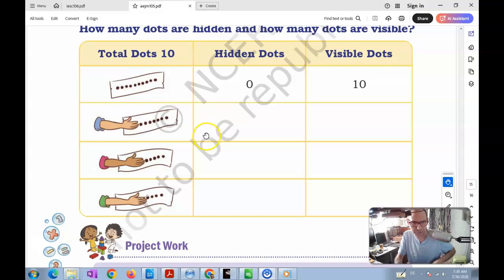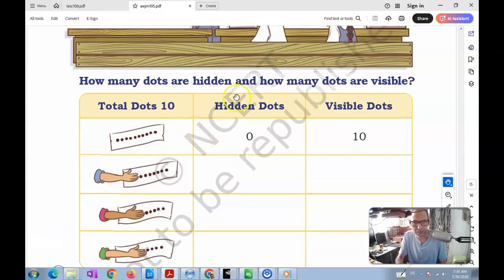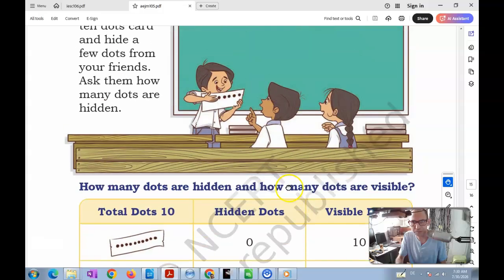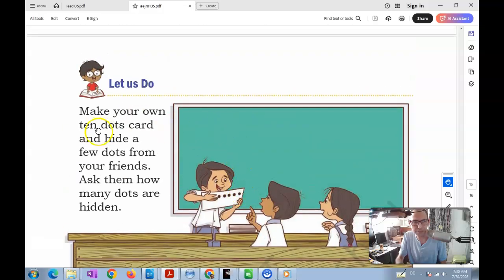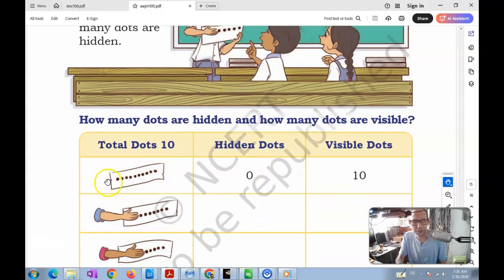Now there is something also interesting again over here, and you might be able to use it somewhere. These are basically dots cards. So you make these cards over here. This is like, for example, a column or a row on an abacus, and then you have 10 beads in a row, for example, in an abacus.